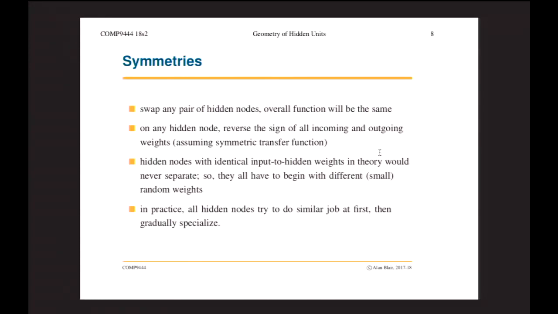So there's 2 to the power 10 ways of changing the sign of hidden nodes, about 1,000, and I've got 3 million ways of permuting them. So there's actually 3 billion sets of weights which would do equally well. This just helps you to understand the geometry of high-dimensional space, I guess.